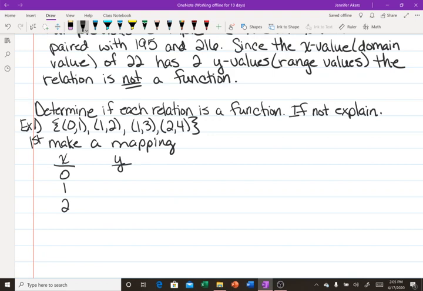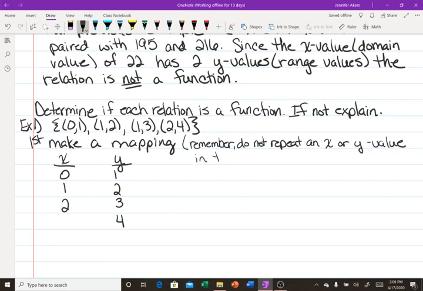Your y values written from least to greatest: 1, 2, 3, 4, written only once. So in the mapping, remember, do not repeat an x or y value in the column. Okay, now we draw a line. 0 maps to 1, 1 maps to 2, 1 maps to 3, 2 maps to 4.